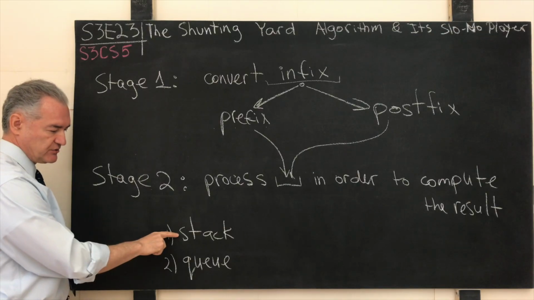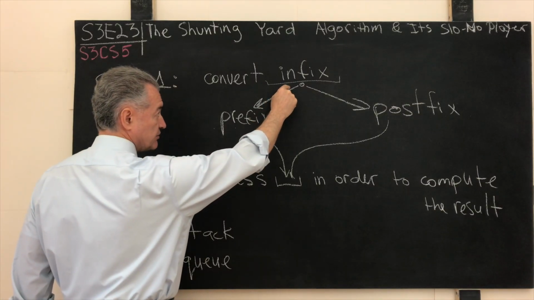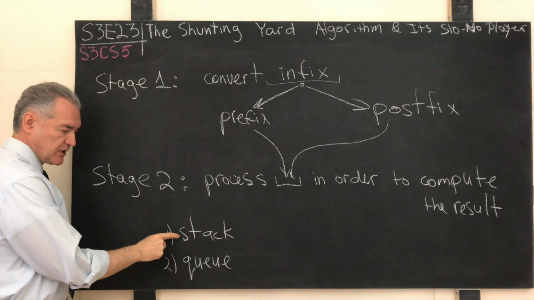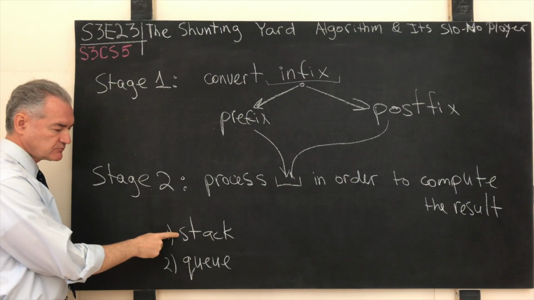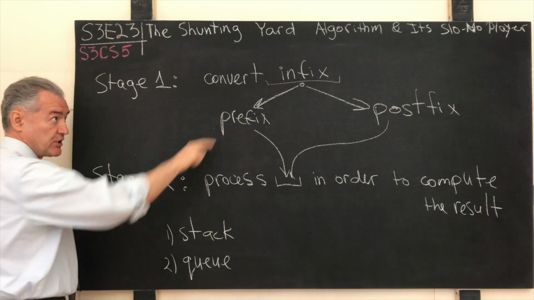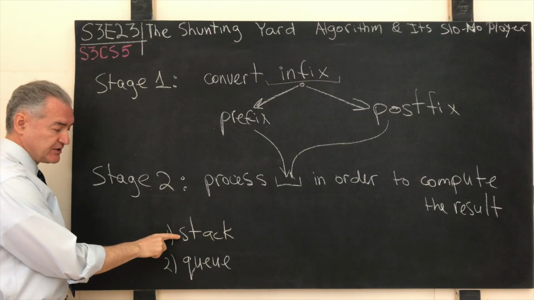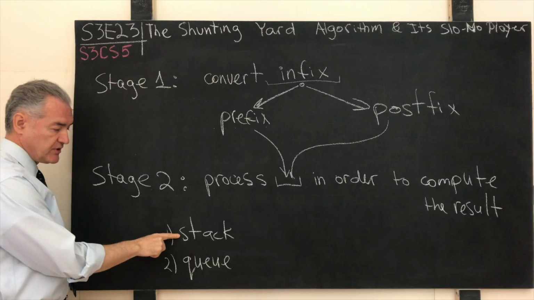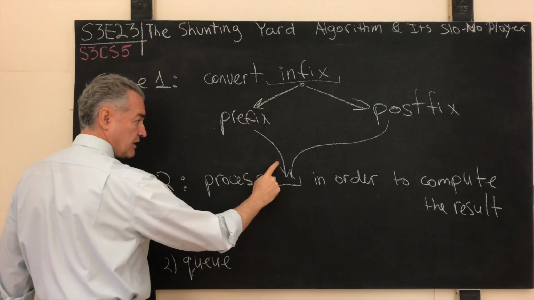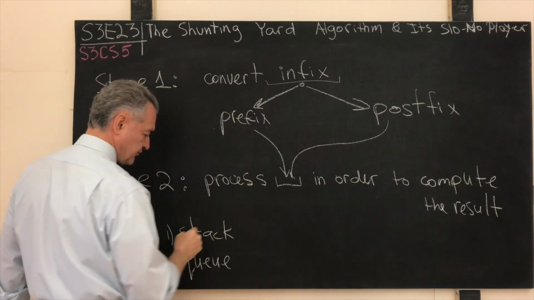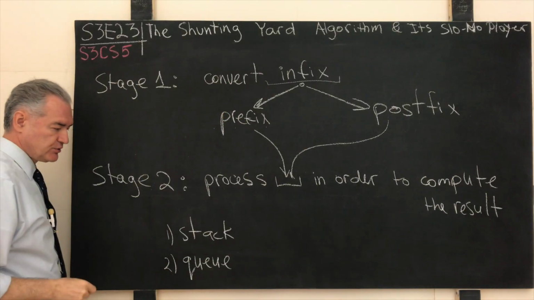And the mechanics over here is the following. When we look at the current operator that comes from the material given in the infix form, we look at the precedence of the operator that sits at the top of that stack, and if the precedence of the current operator that comes in from the input queue is lower than the precedence of the operator that sits on top of that stack, we pop the stack first, we grab that operator, we push it out into the output queue over here, prefix or postfix form, and only then we bring the current incoming operator onto the stack.